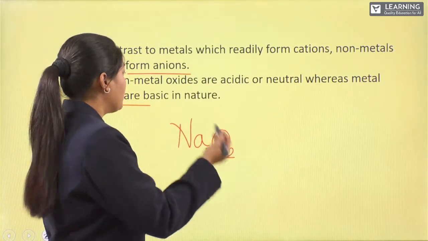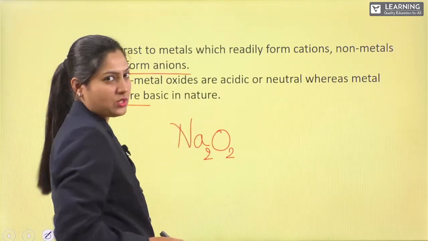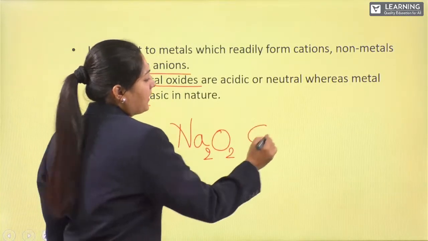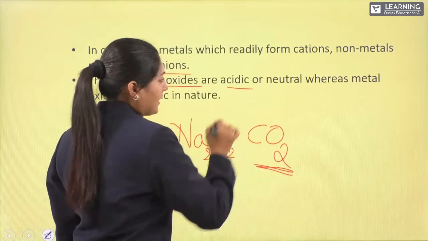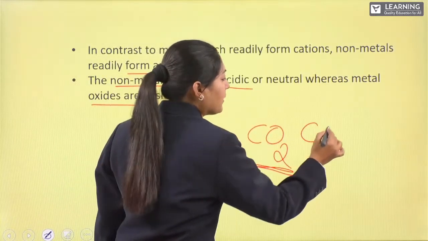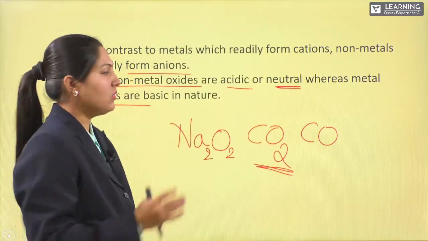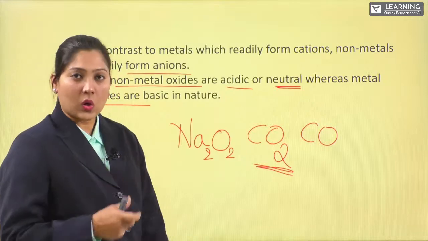Or oxides. So if we take the metallic oxide, that will be basic in nature. If I consider the non-metallic oxides, for example, carbon dioxide, carbon dioxide is acidic in nature, whereas if I take carbon monoxide, that will be neutral. So we have neutral, acidic and metallic, like basic oxides.